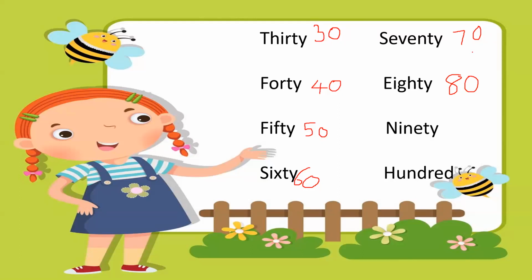How to write the number 90? 90. Repeat it after me. You have to write also. Ninety, 90. Last number 100.